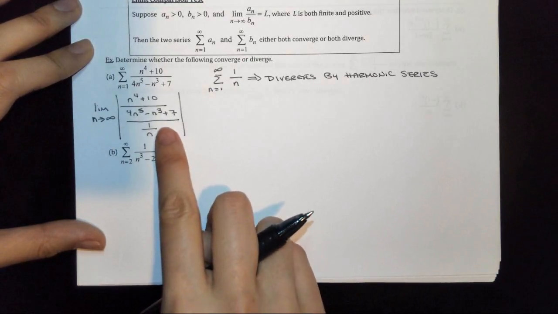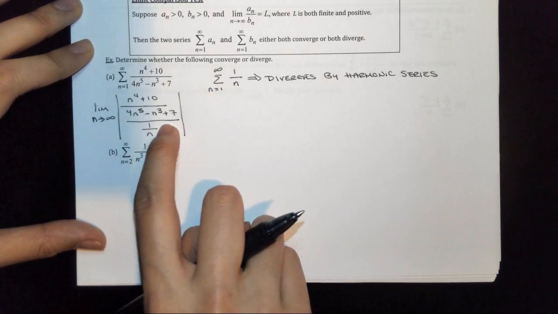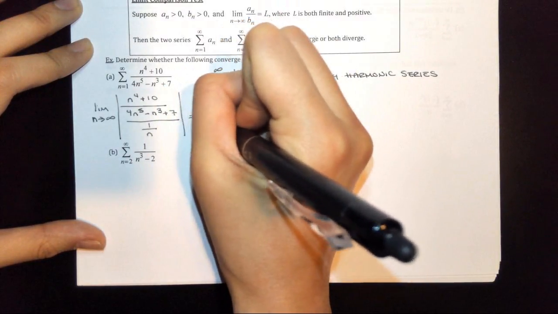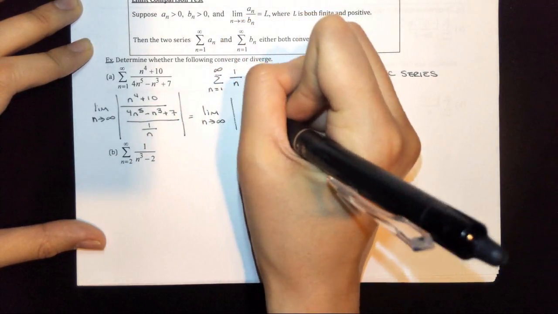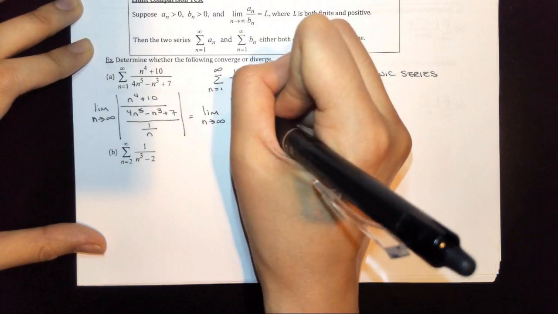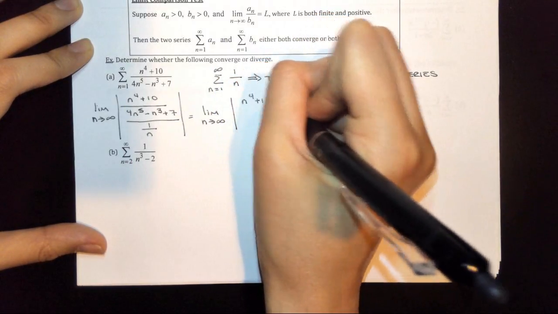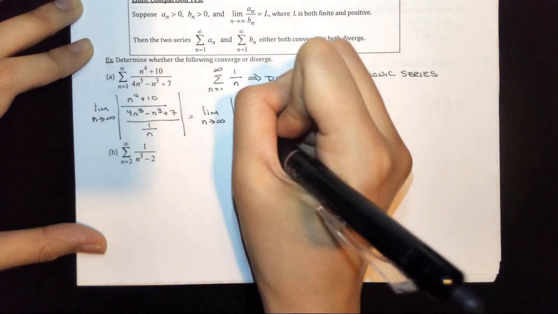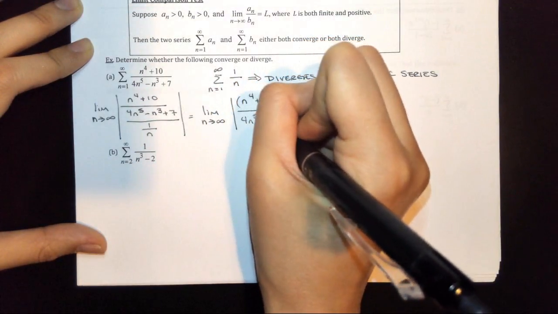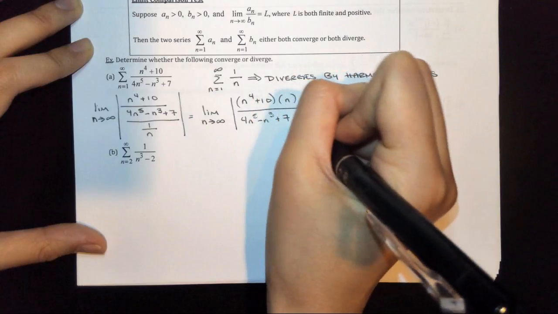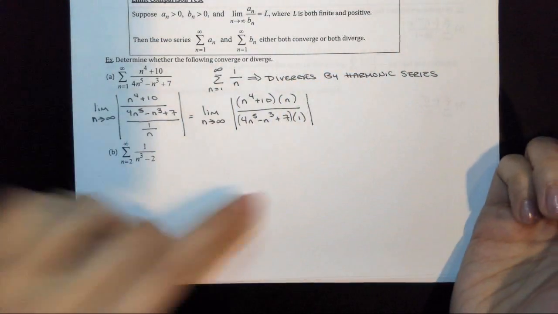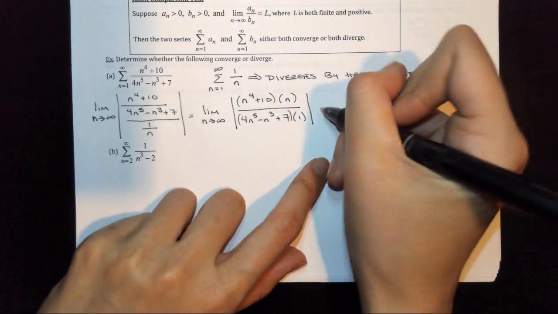Let's simplify by multiplying by the reciprocal of 1 over n. So I multiply by n over 1.